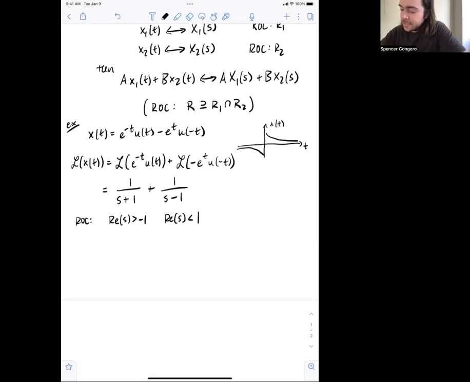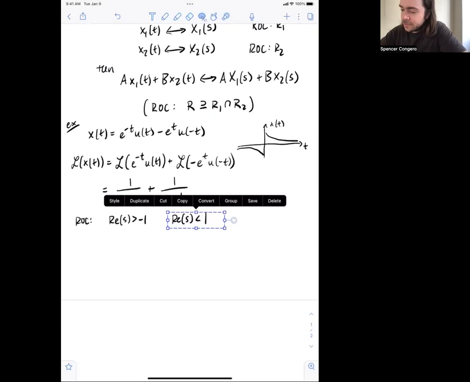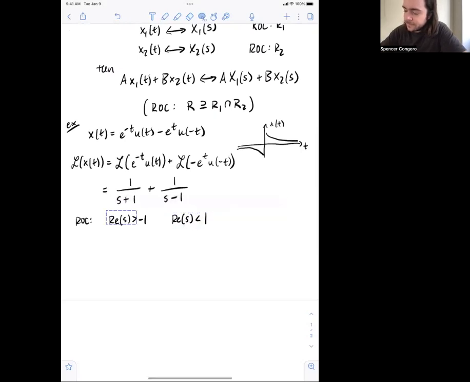And so in order to get this Laplace transform to converge, we need both of these to converge. In other words, we need our s value to satisfy this and this. We need both of them to be satisfied.